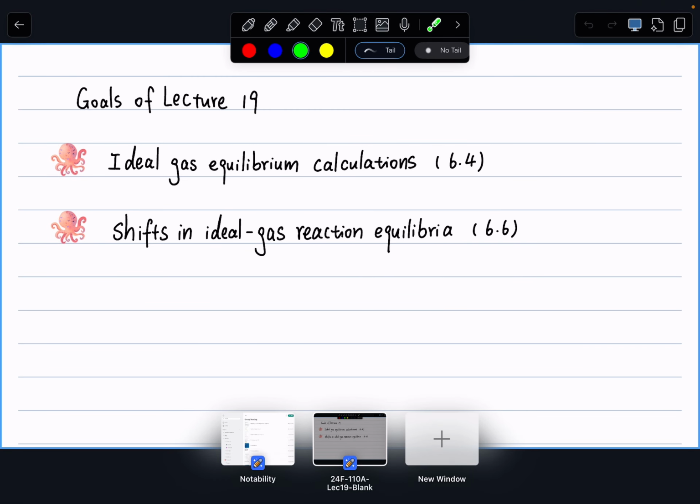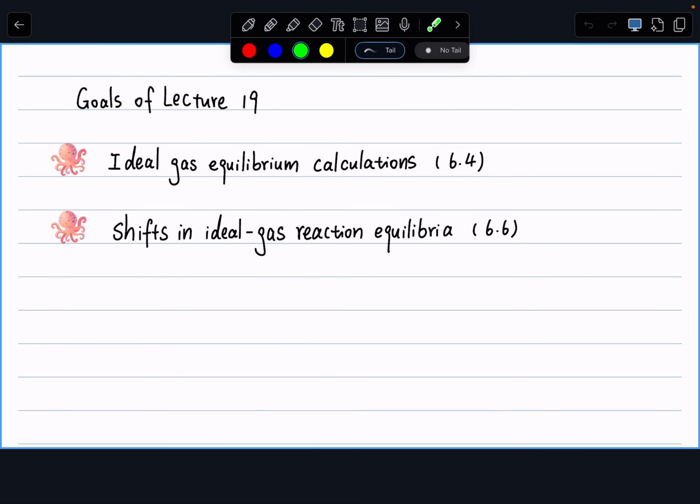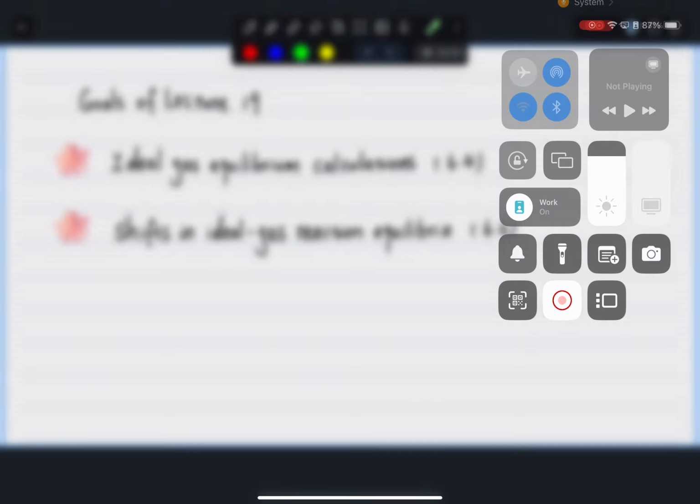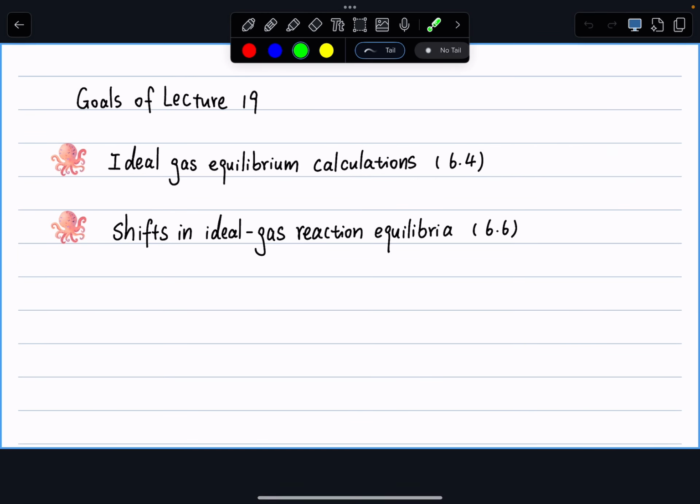So we'll pick up from our last 2 lectures, right? We spent 2 lectures talking about ideal gas mixtures, like what is an ideal gas mixture, how do we define chemical potential in an ideal gas mixture, and how do we define the equilibrium constant for ideal gas mixtures.